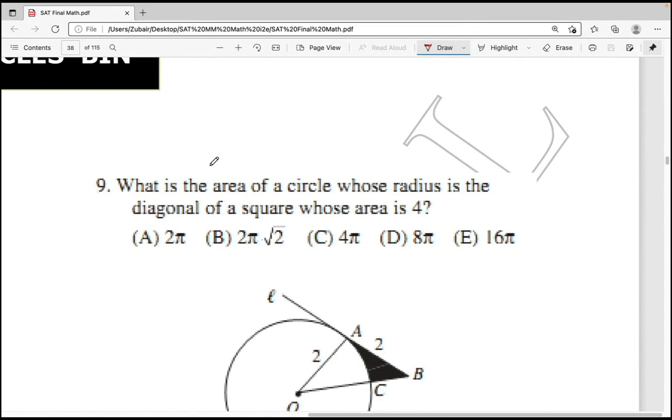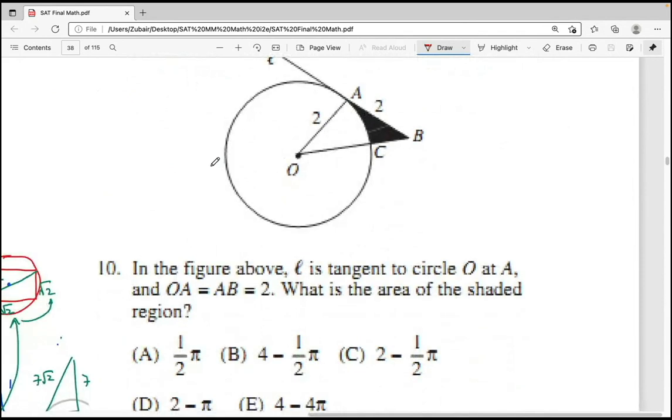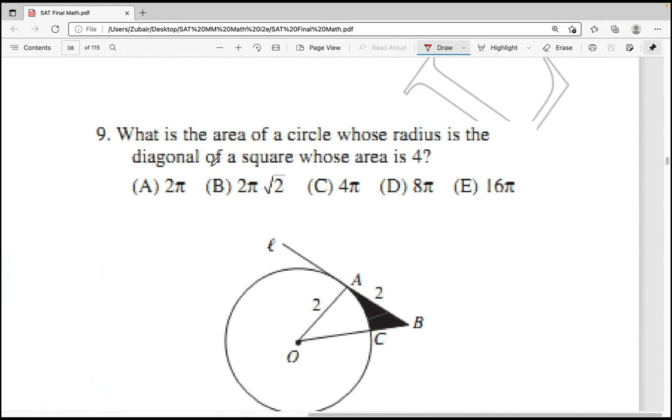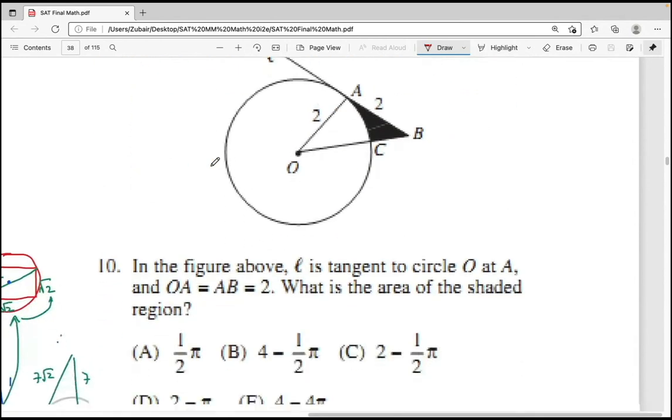Oh wait, never mind. Have you not already done this? We did, I think, this 10th question, finding the area. Never mind, we did question 9. I remember it was like 8 pi. Yes. Okay.